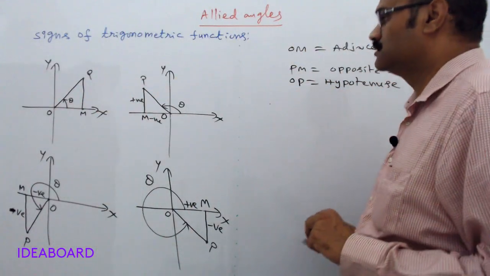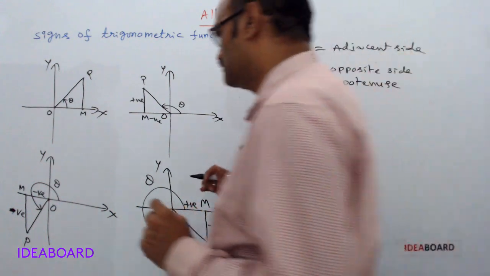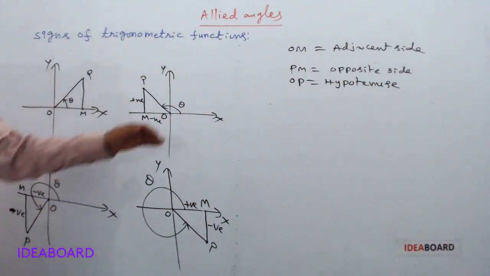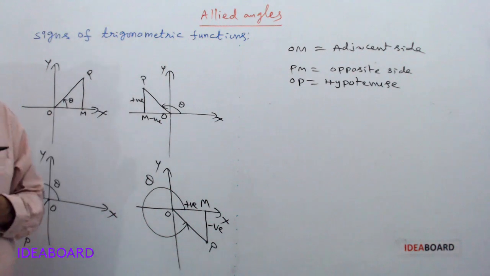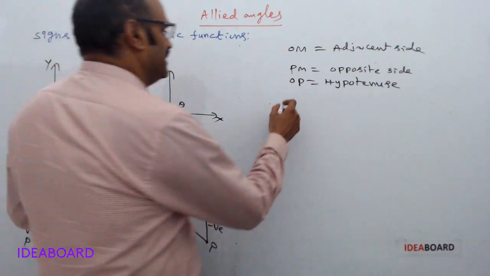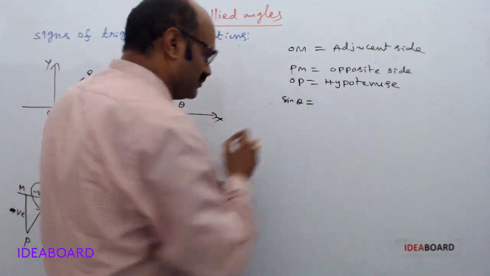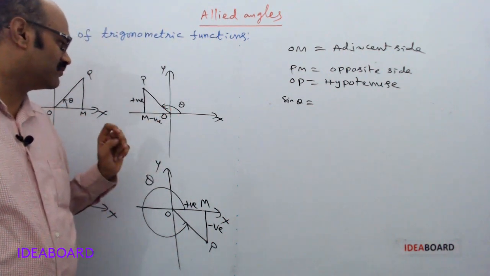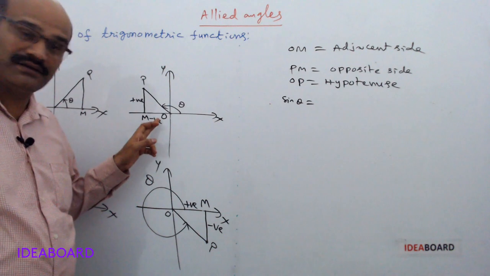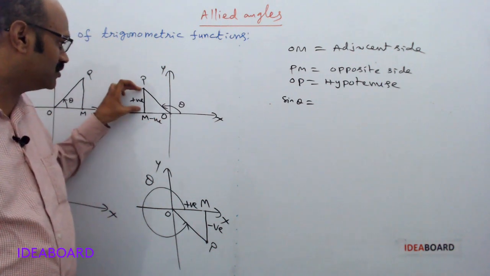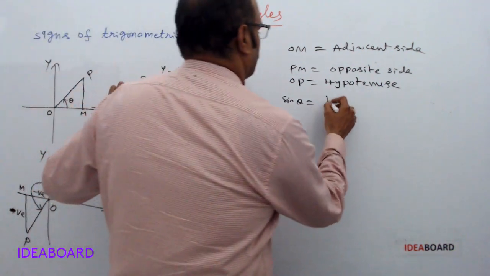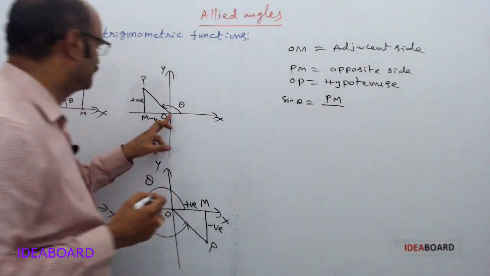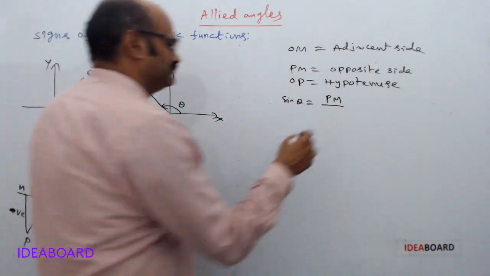Now we are going to define the 6 trigonometric ratios. First one, sin theta equals opposite side by hypotenuse. Opposite side equals PM, so PM by OP.